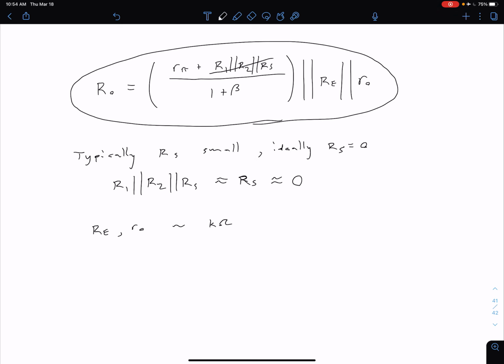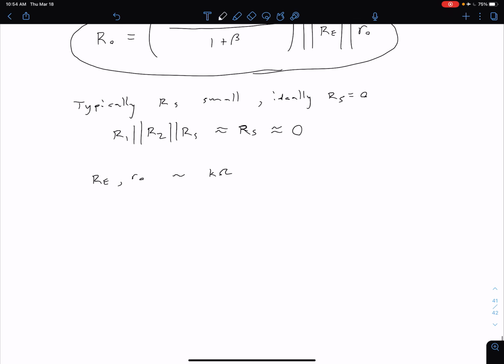Our R naught typical values were 3 to 5k, I believe. We compare that to our R pi, which is also k ohms, but our R pi is being divided by 1 plus beta. Keeping in mind that beta is on the order of 100, this value is going to be much smaller.